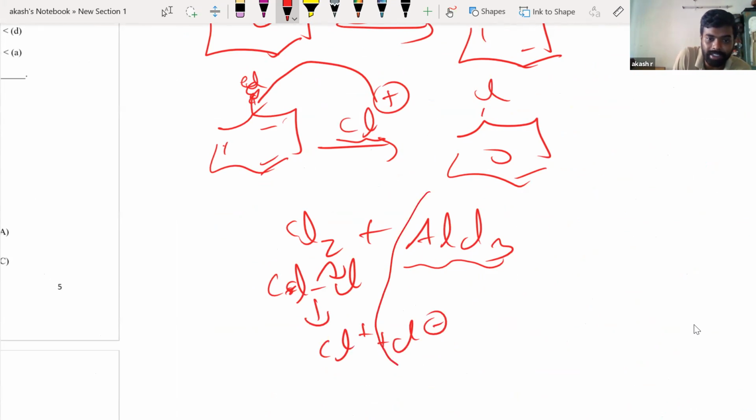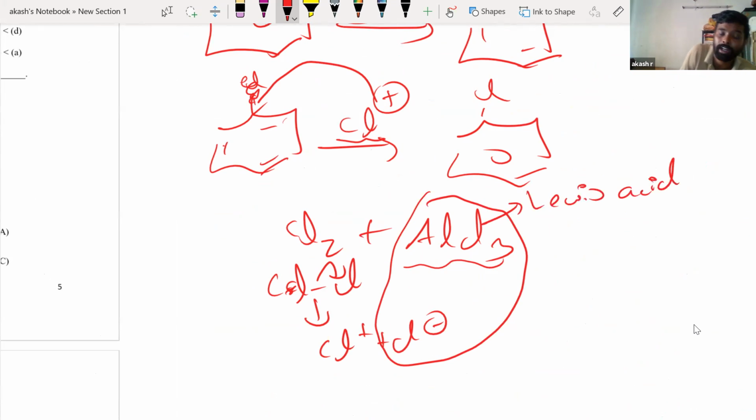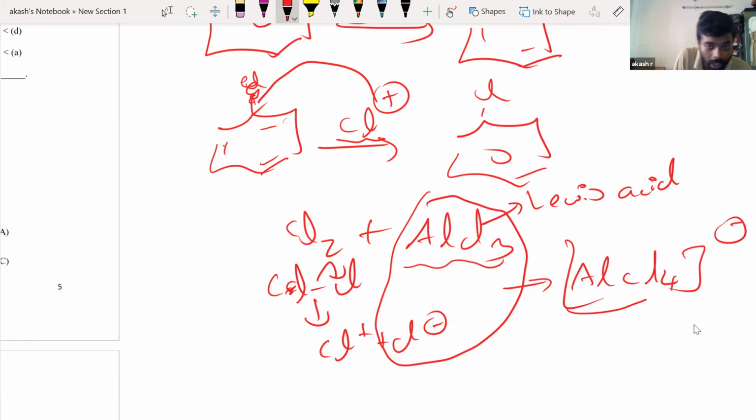Now this Cl minus and AlCl3, remember the AlCl3 is a Lewis acid. We are talking about Friedel-Crafts reaction, right? Friedel-Crafts chlorination, that is exactly what we are talking about. So now AlCl3 will take up this negative charge to form AlCl4 minus. But this is not attacking the benzene ring. What is attacking the benzene ring?